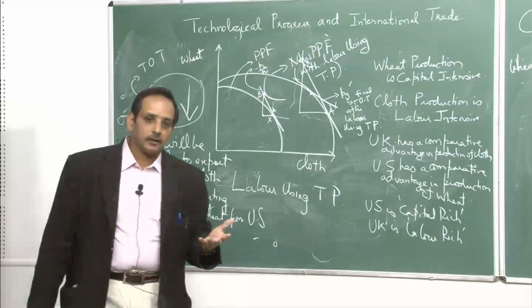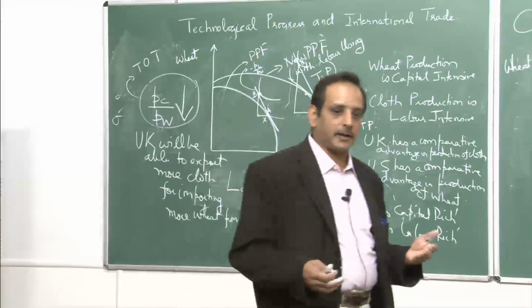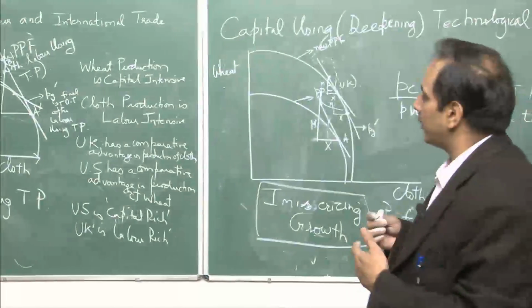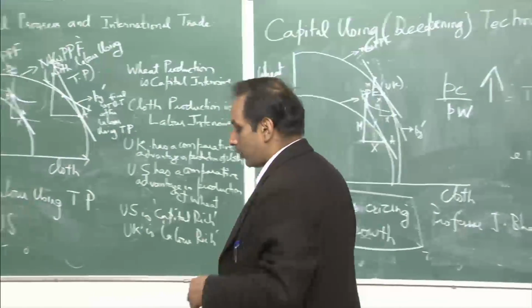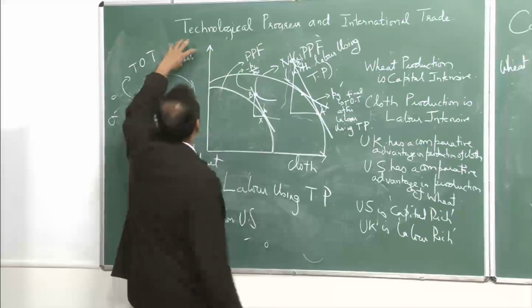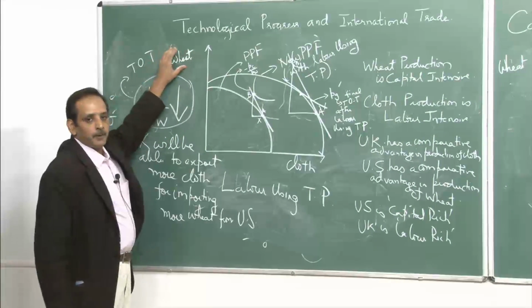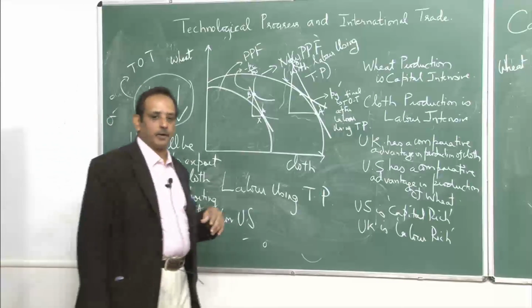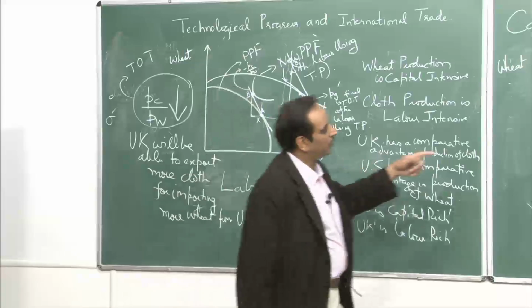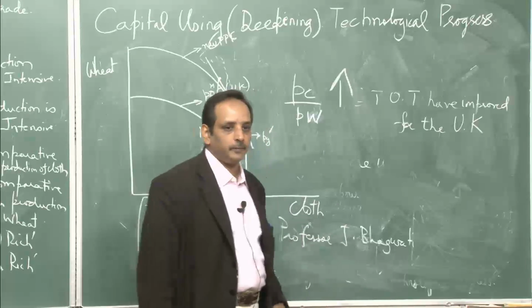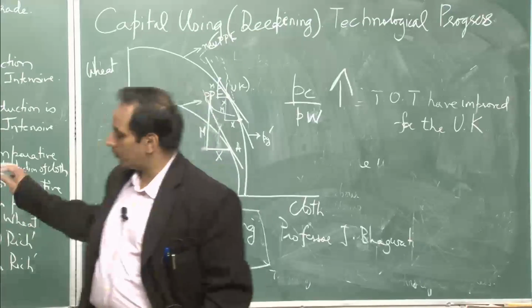And for a country like India, if that needs to happen, then you need to bring in capital from abroad, technology from abroad, so that you can focus on the commodity in which you do not have a comparative advantage, because that is the way that you can improve your terms of trade.